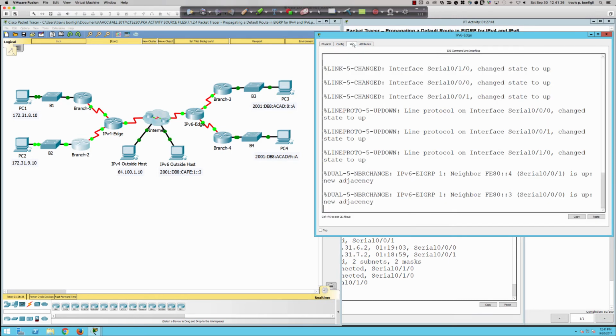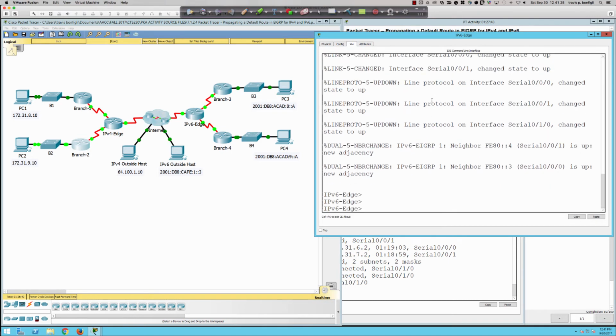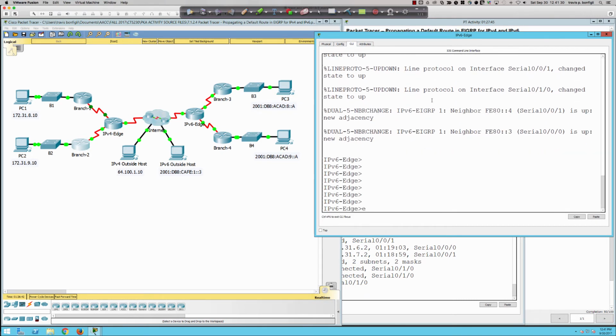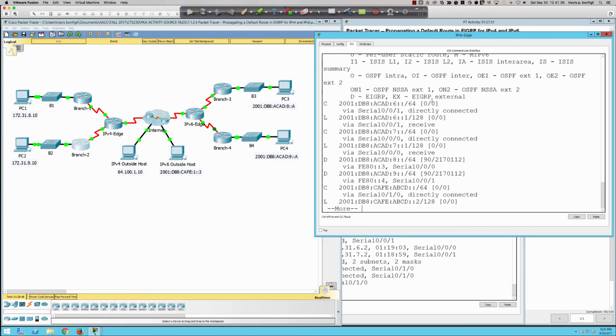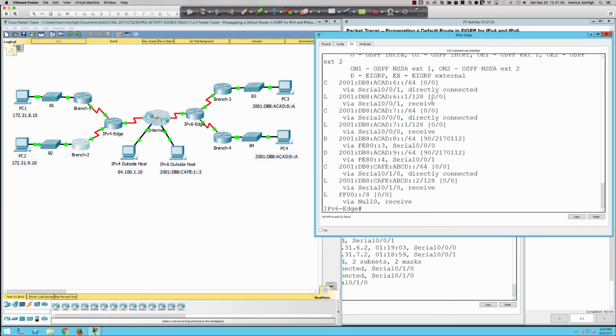And here is, what are we on here? IPv6 edge. So here's our IPv6 edge. So let's go ahead and say show IPv6 route. And here's all of the routing information. Again, a little more to work with, right? A little more to do here from a visual perspective, because we're dealing with IPv6, but our administrative distance for internal is the same.